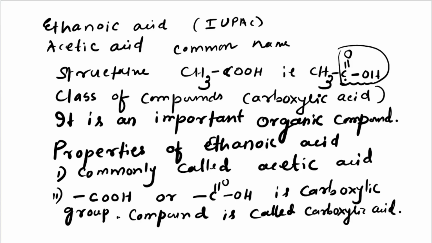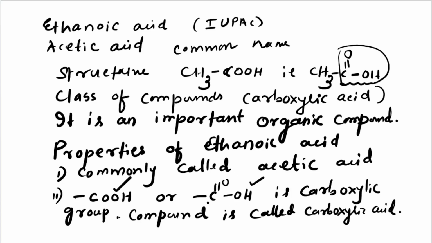Then come to the properties of ethanoic acid, commonly called acetic acid, and here COOH. Since the valency of carbon is 4, to satisfy it you can write the structure like this, or like this, or like this.